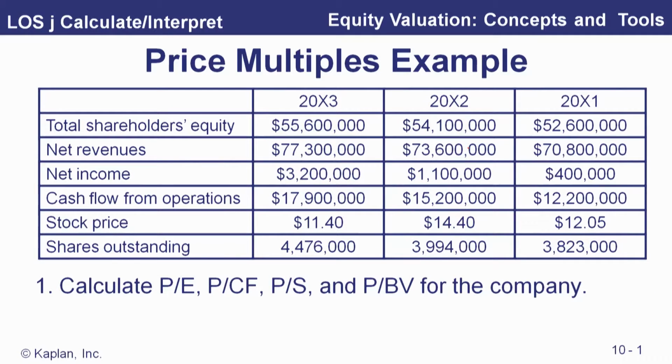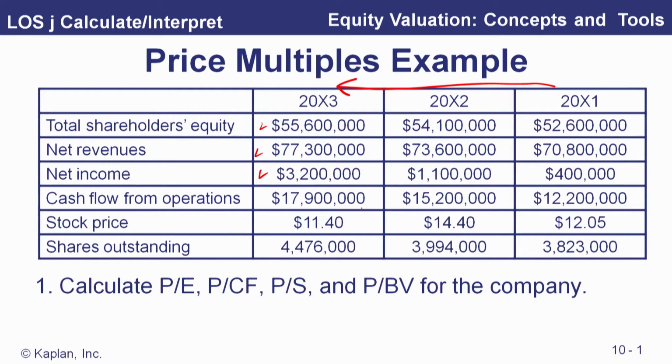So let's look at some price multiple examples here. And first off, whenever you get one of these tables, I like to draw an arrow that tells me which way time is going so I don't get it backwards, because these tables can be presented either way. Could be 2000x1 on the left and 2000x3 on the right. So if we look over time going this way, we see a growth in shareholders' equity, we see net revenues growing, we see net income growing rapidly.